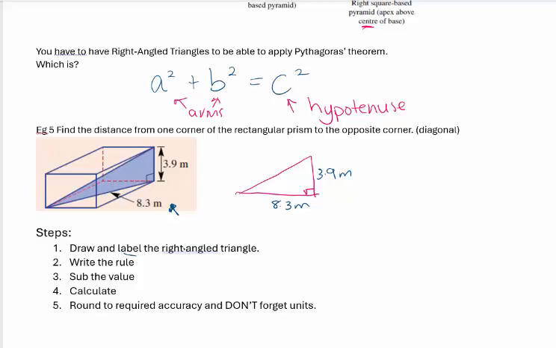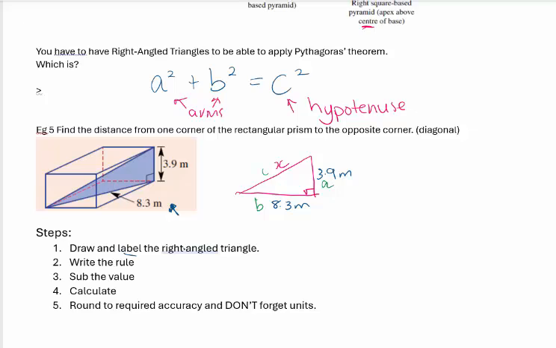I'm going to make this A. It doesn't matter which one. I'm going to make this arm B, and C is always the hypotenuse. So in this case, I might just put an X there, because X means I don't know what it is. So this is going to be my unknown side.